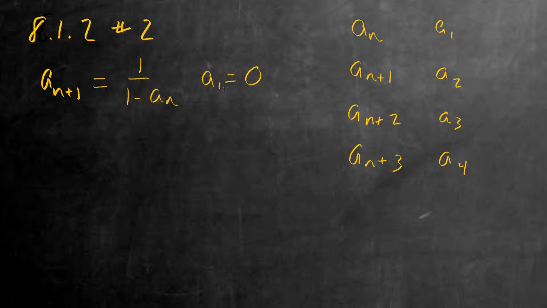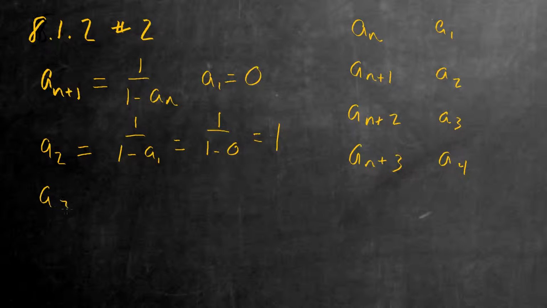So if I know the first term, then I can find the second term by putting in 1 over 1 minus the term before n plus 1, which would be a1. Now I'll write it as a1 once. If you don't write it as that 1 over 1 minus 0 right away, that's fine. So what happens? a2 is 1.